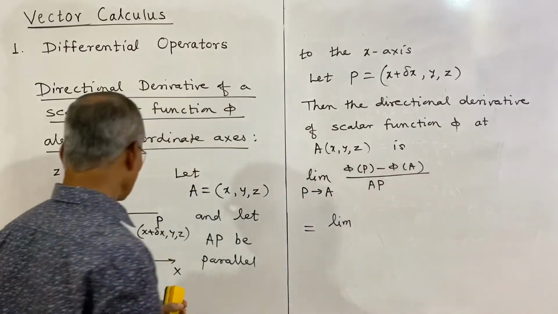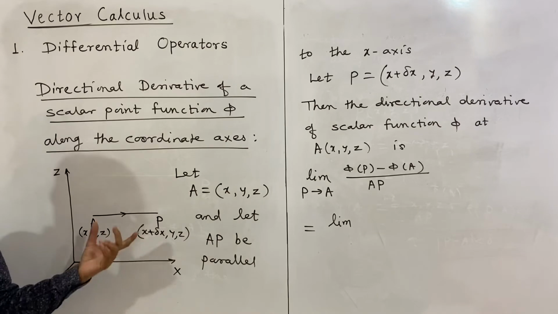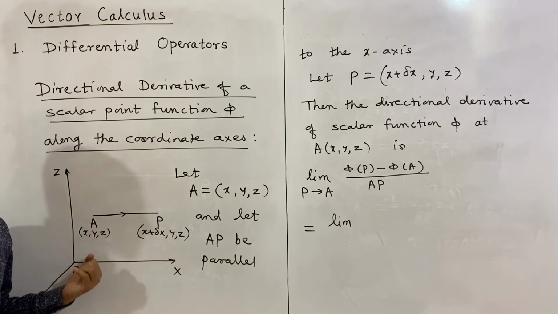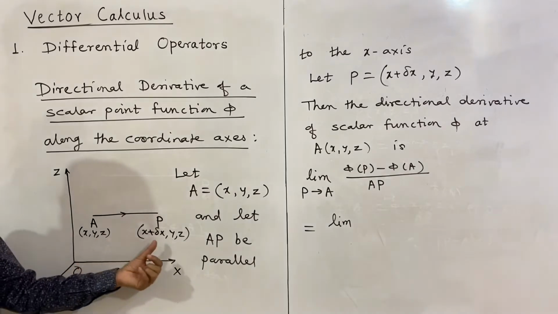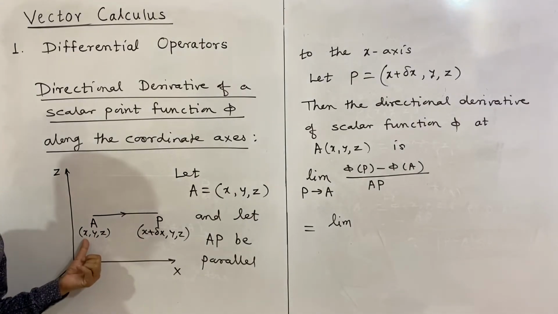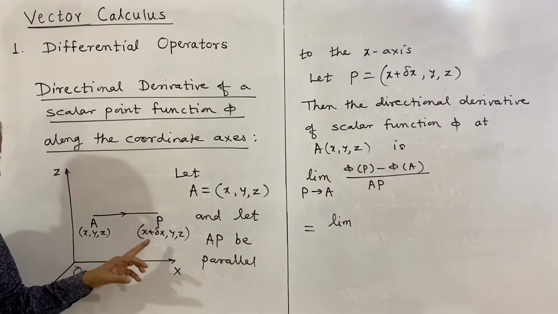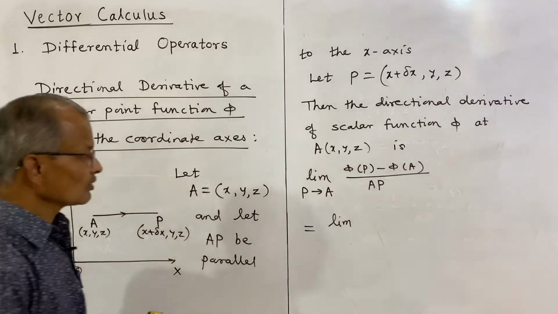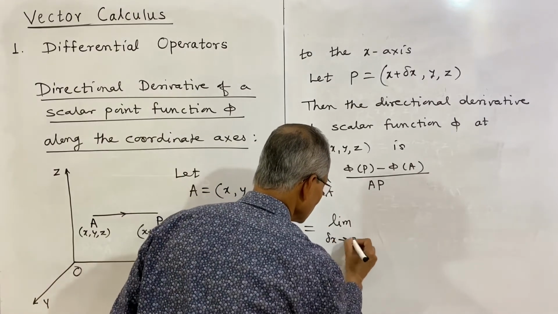Now you see, as P tends to A, P approaches A, meaning the distance AP becomes smaller and smaller, and the coordinate x plus delta x approaches x, meaning delta x becomes closer to 0. So P tends to A means delta x tends to 0.